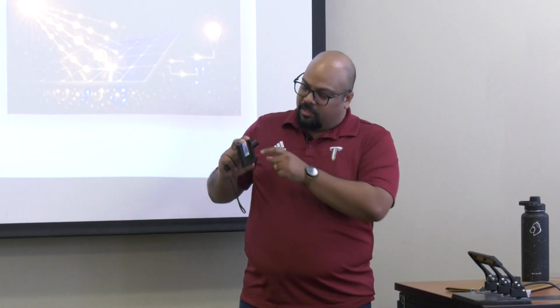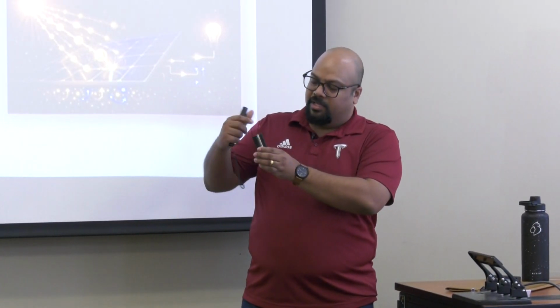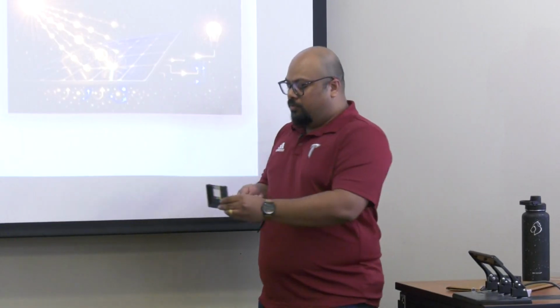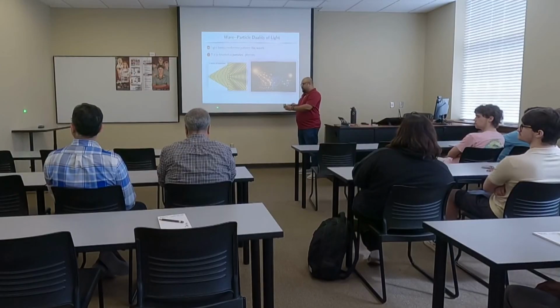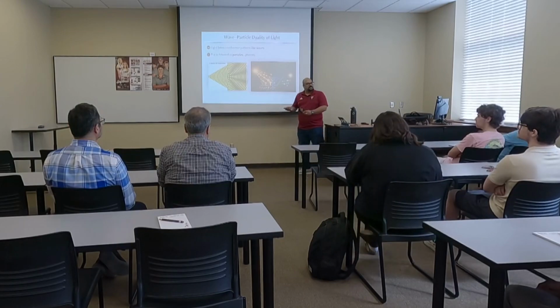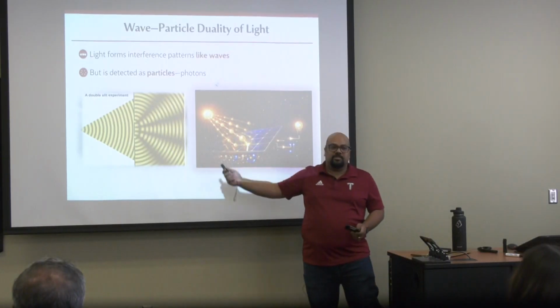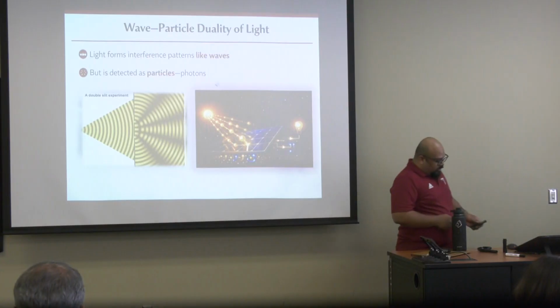This particular structure has 1,000 lines per mm. If I pass the laser through this, you see the single laser pointer has now spread into multiple points. This is what this animation is actually showing.